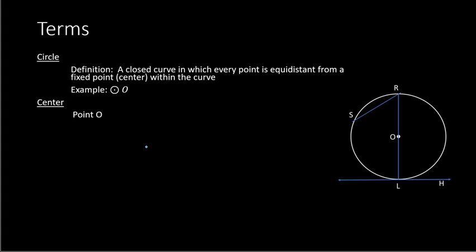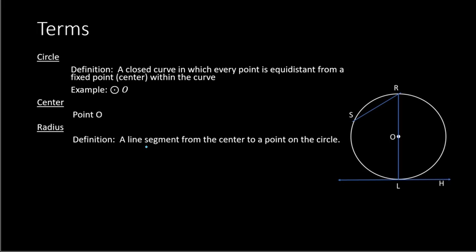And then we have what's called the radius. The radius is the line segment from the center to any point on the circle. So for example, the segment from O to R is a radius. It's going from the center to a point on the circle. And then OL would also be a radius because it is a segment going from the center O to the point L on the circle.